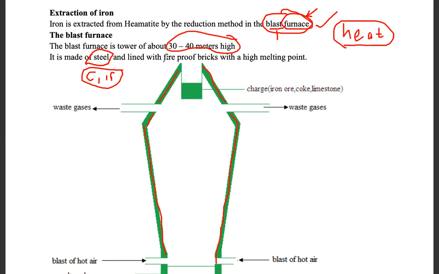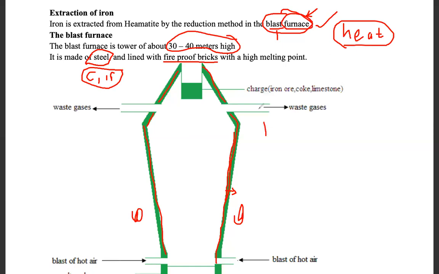And they're saying the lining is made of fireproof bricks. So the lining around here has bricks that do not really absorb much of the heat. Because if a lot of heat is absorbed here, the entire thing will become heated up, and people around here may not even come near this machine.